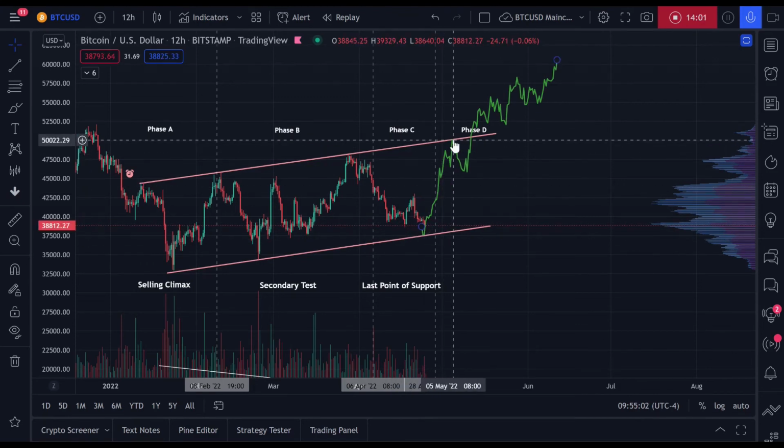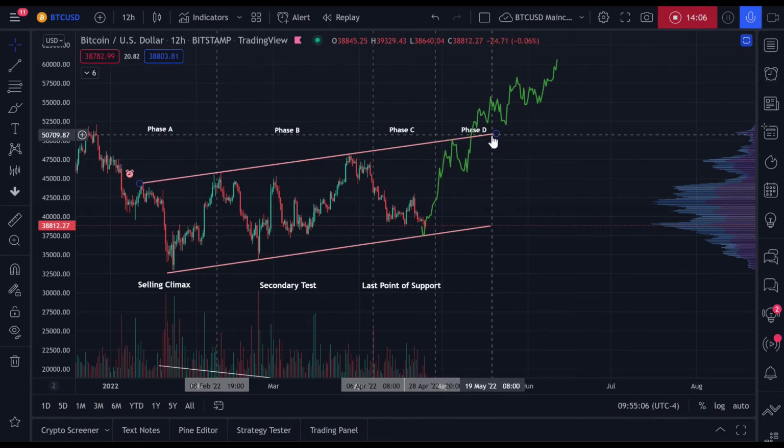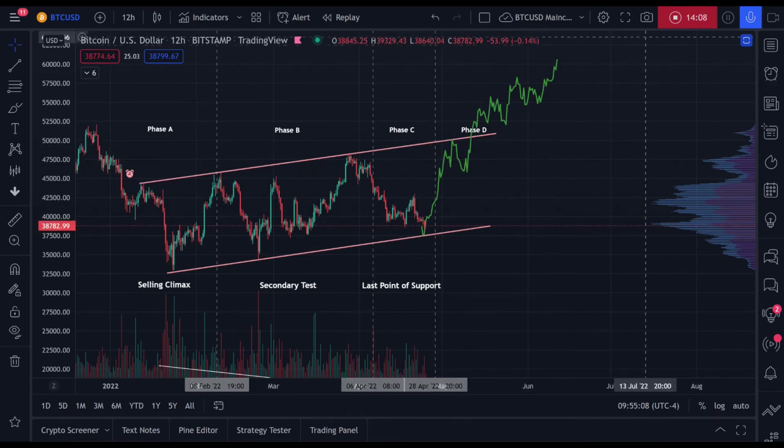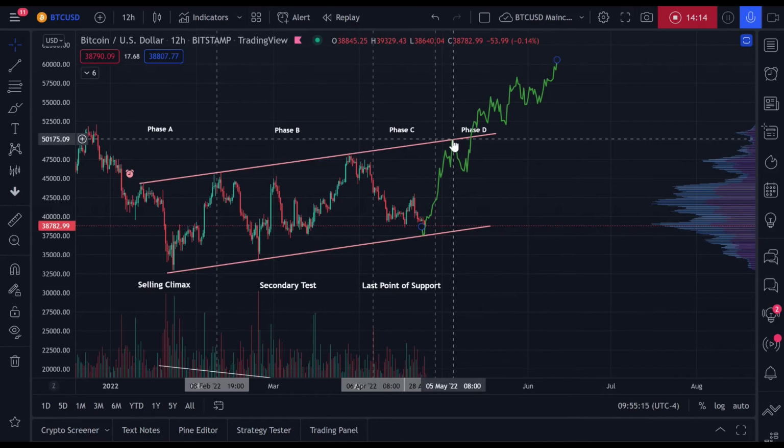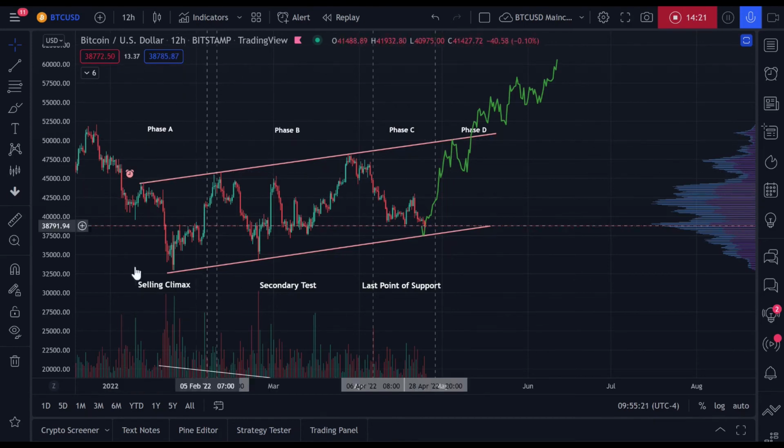And on the markup, the highest resistance is at 50,000, and it respects our upper trend line. Mind you, I just copied and pasted previous price action of Bitcoin from last year, and it follows almost exactly to a T this trading range, which happens to be sloped.